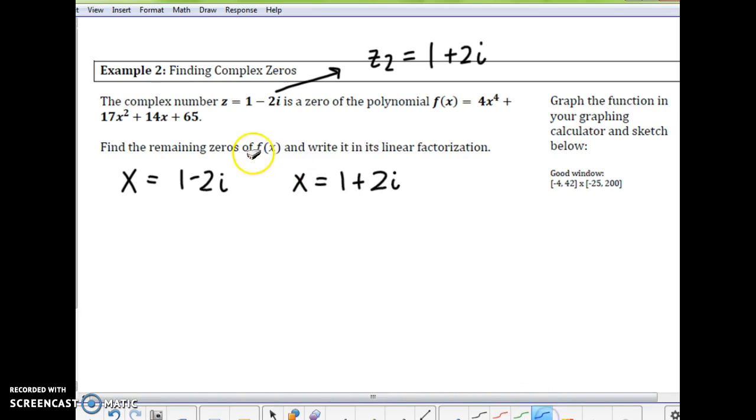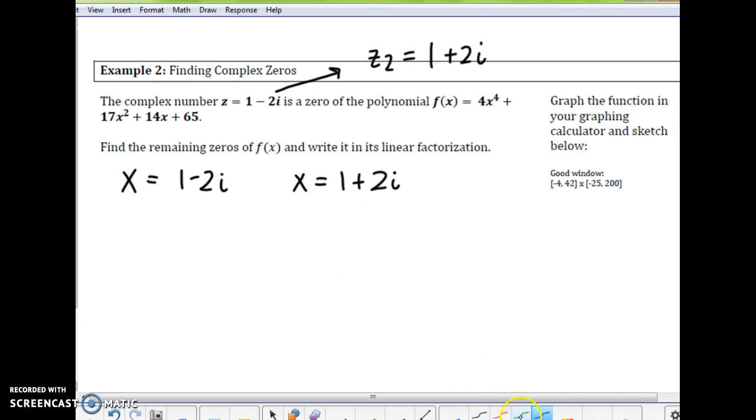Now the idea is I want to factor these out eventually from that fourth degree polynomial, that x to the fourth business. Before I decide that I'm going to factor them out, factoring out is the same as dividing them out. So I can divide this guy out and I can divide that guy out.